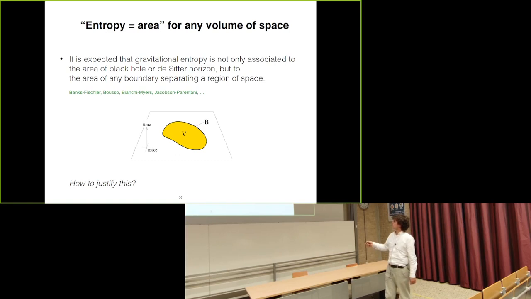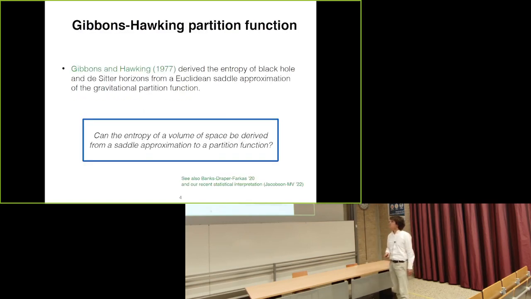The expectation is that the entropy of this finite volume is given by the area of its boundary. But the question is really, how do we justify this conjecture? I will use the methods of Gibbons and Hawking from 1977.